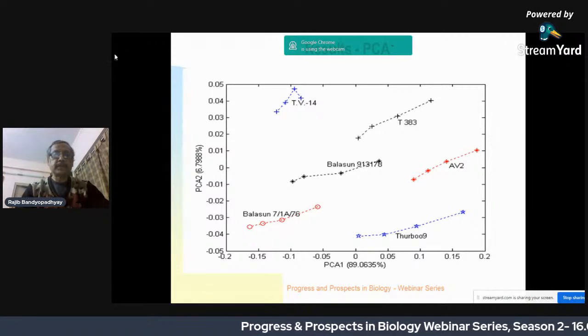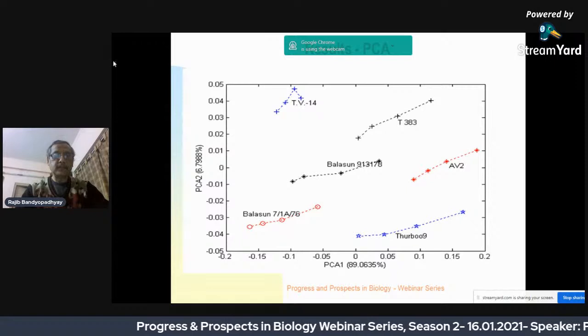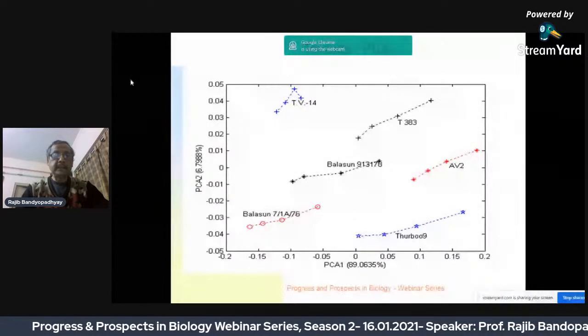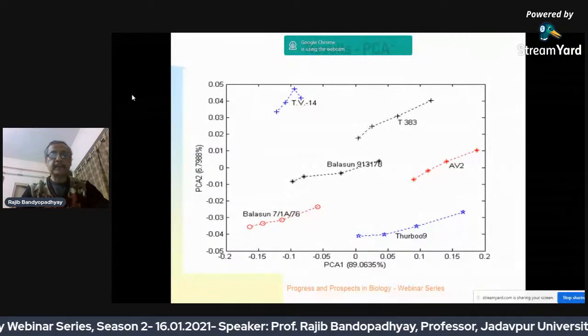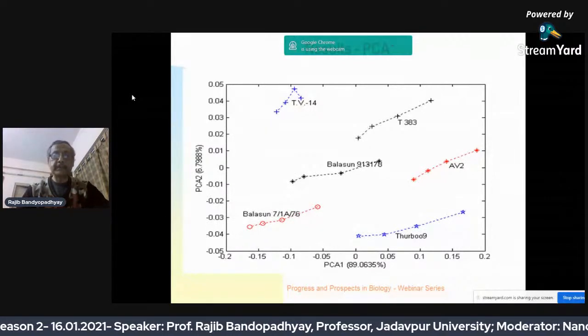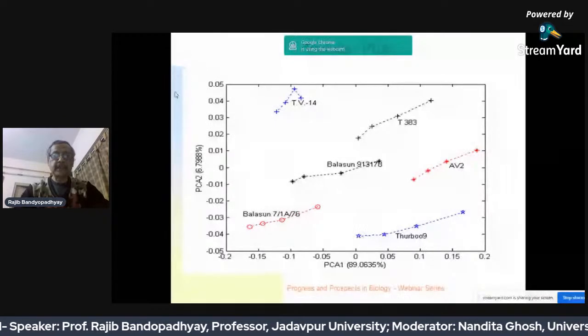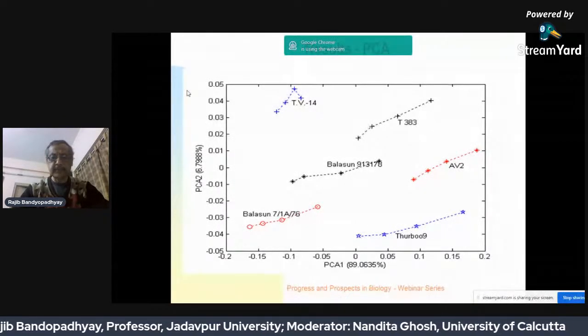So we reduce the data from 6 dimensions to 2 dimensions, and then we plot to see whether this electronic nose, or the sensor array, is capable of discriminating between the samples. So here you see, it's possible. This is the first step.